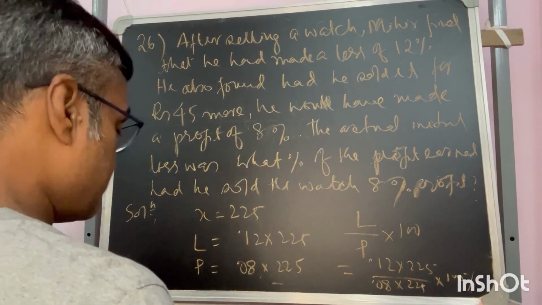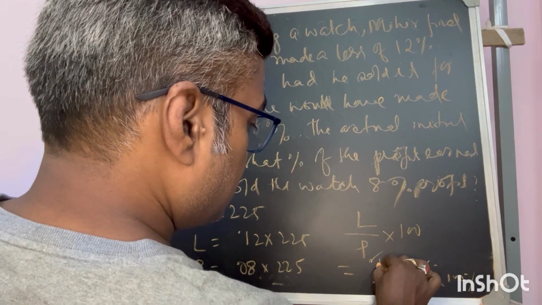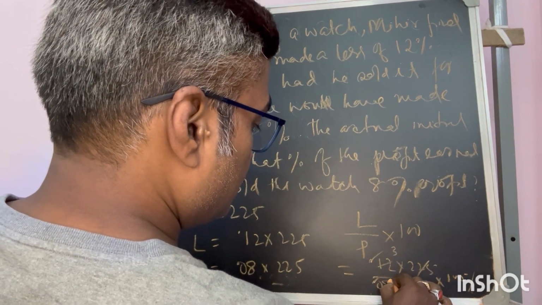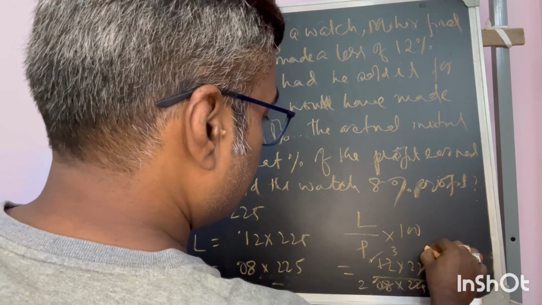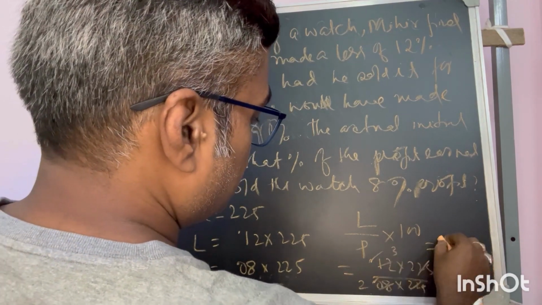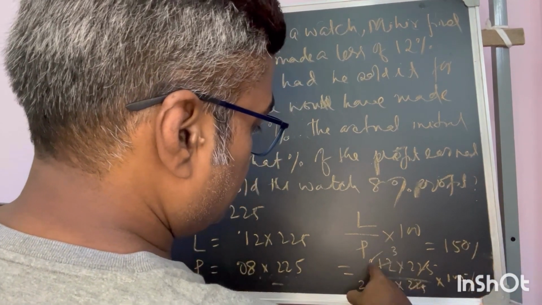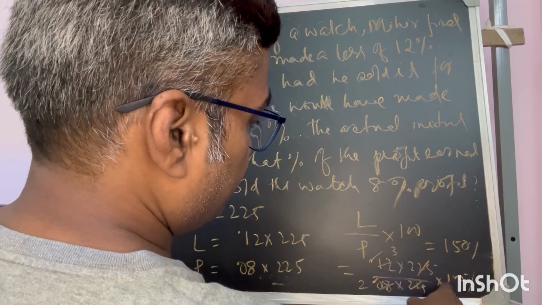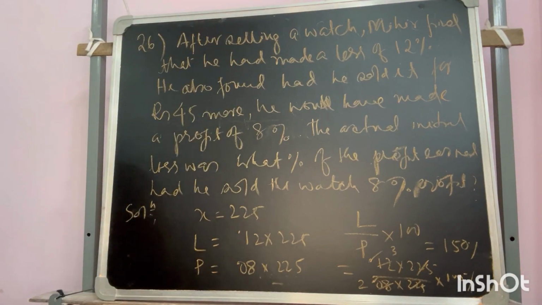So 225 will cancel out, 3 by 2 is equal to 1.5, so that means 150%, because it is 1.5 into 100, 150. So the case would be 150%, isn't it?